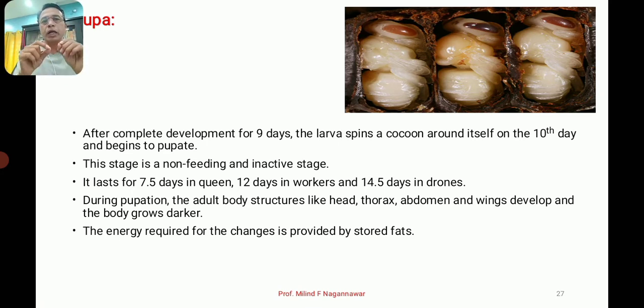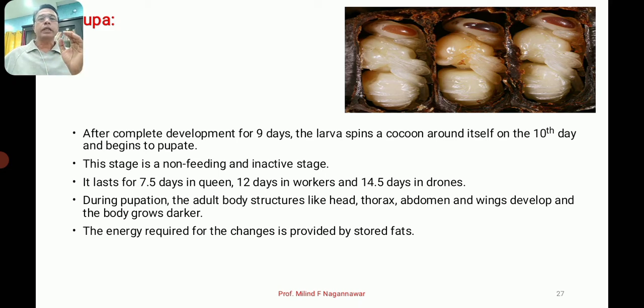Now here also there are different developmental periods in the pupa for the queen bee, workers and drones. There are 7.5 days for the queen, 12 days for the worker and 14.5 days for the drones. See here, all the eggs have the same hatching period, that is 3 days.